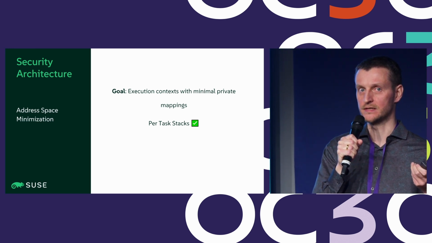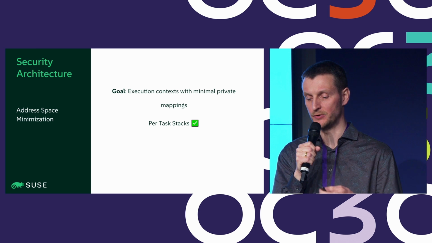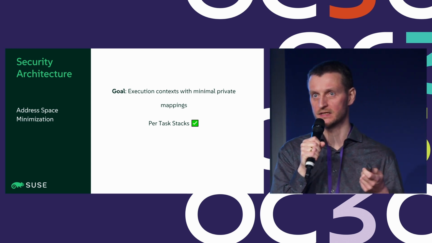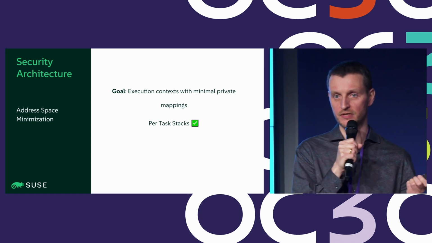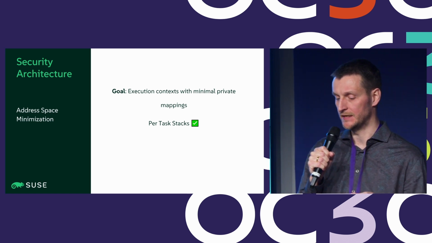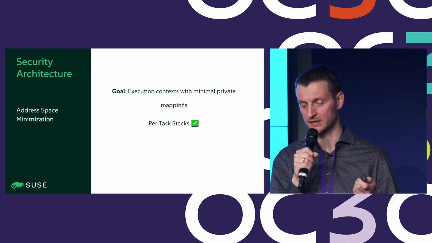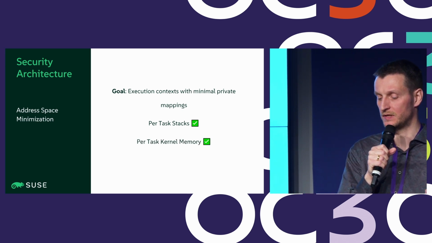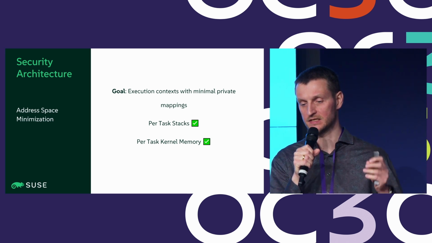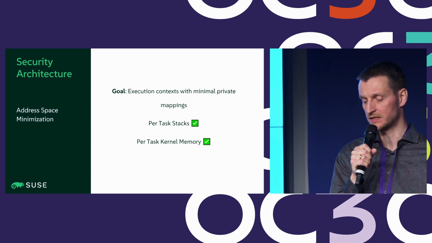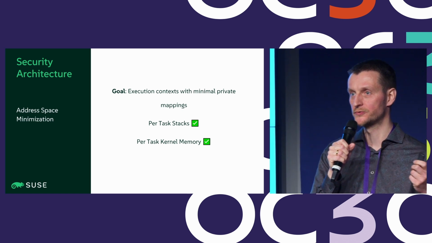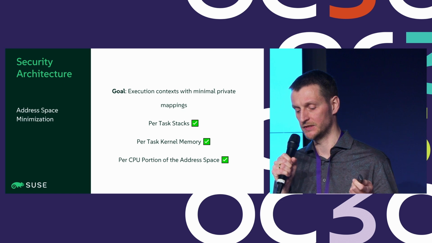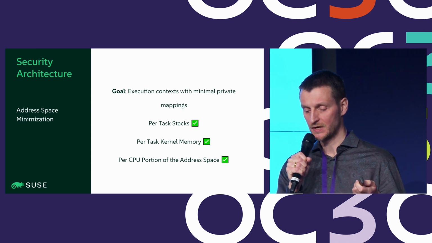But everything that is owned by the task, like the per task stacks, is only mapped in the task context. Other tasks cannot access the stack of the currently running task. Same with per task private memory, that is also private to the task itself and cannot be accessed by any other tasks. And what is true for tasks is also true for the per CPU memory of the COCONUT kernel.